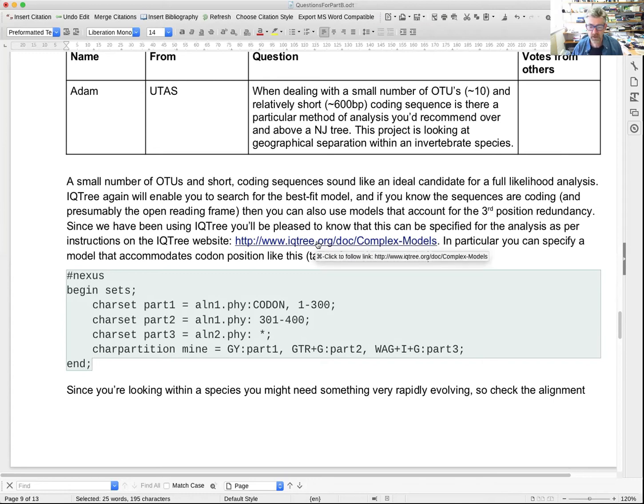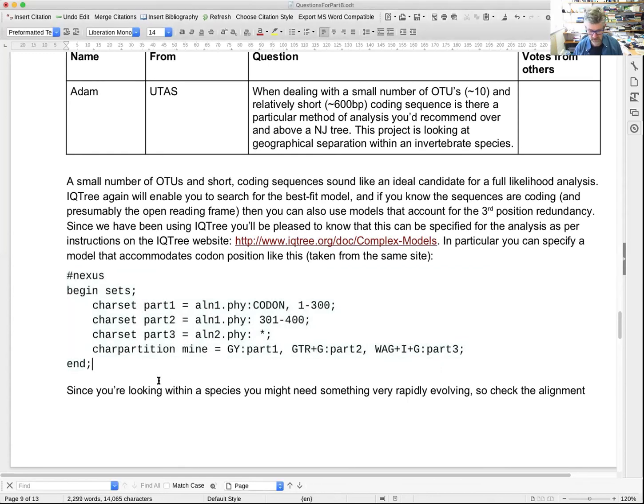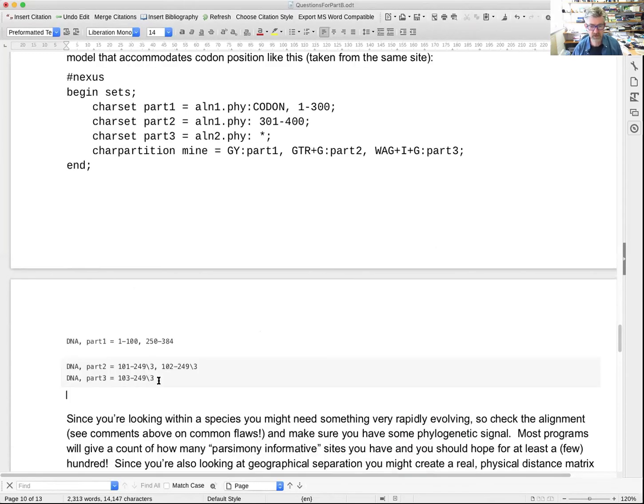So now I think about that, I'm going to go elsewhere and pick up that link, iqtree.org/complex models, because I think I've put the wrong one. Here we go. Okay, I think what I want is this part. Let's just pop this in and make that a bit bigger.